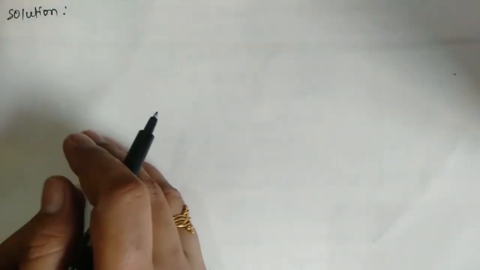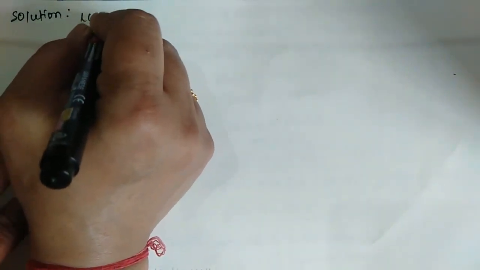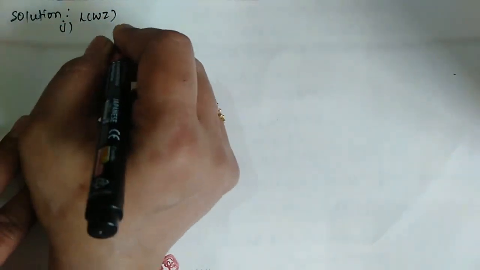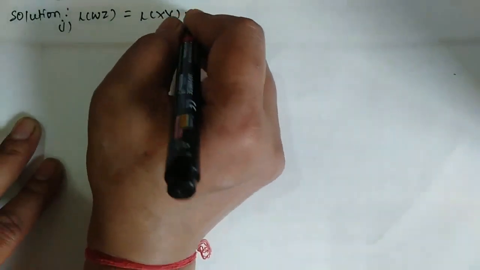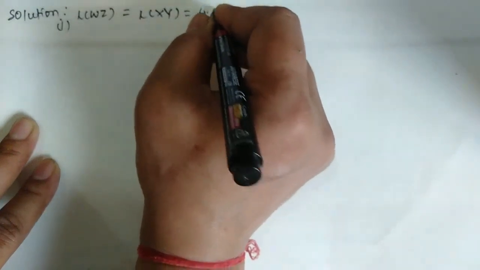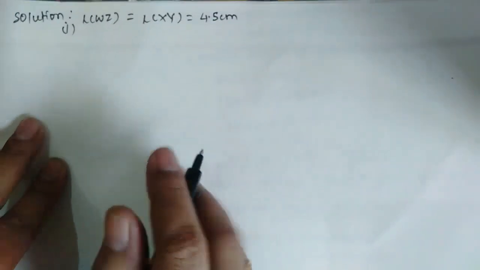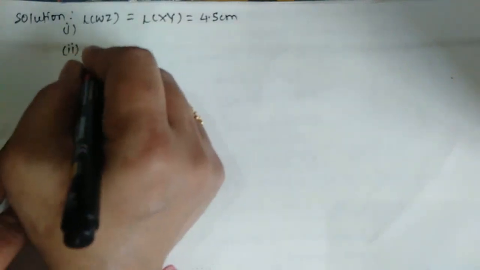See. Solution. Length of WZ, first is here, length of WZ is equal to length of XY equal to 4.5 centimeter. Correct? And see the second also.